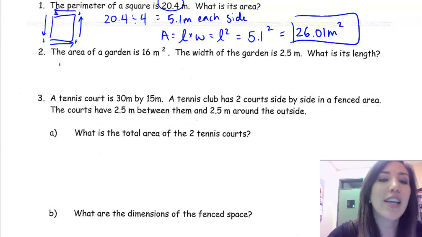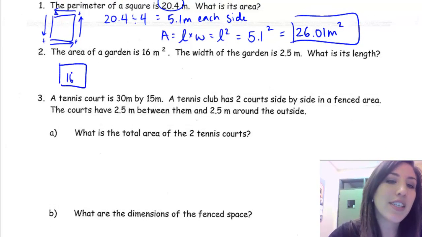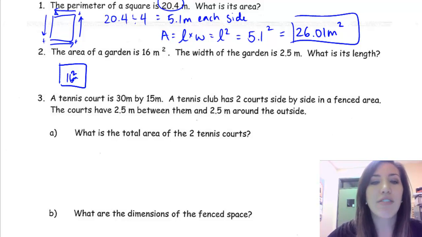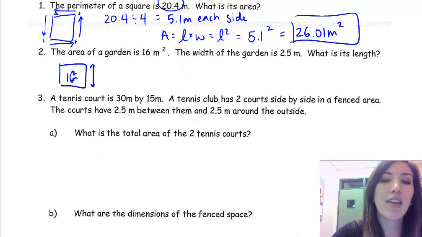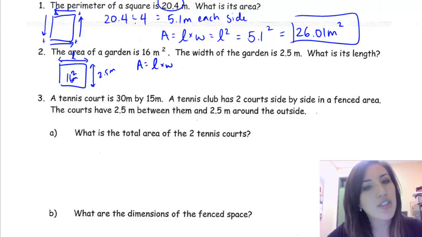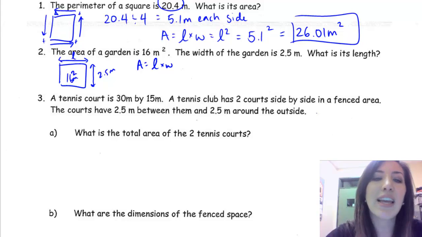If a garden is an area of 16 meters squared, the width of the garden is 2.5 meters. What is the length? Well, we know that area equals length times width. If we just rearrange this around a little bit, get the length by itself.